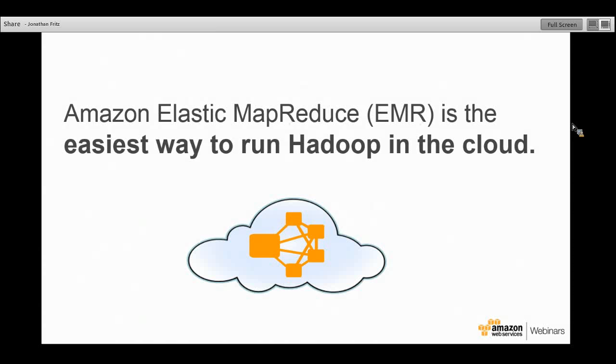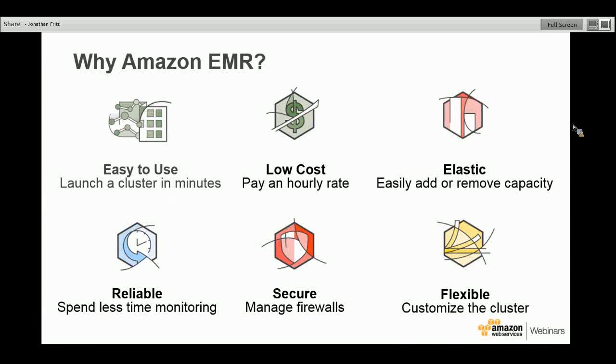And we found that customers really want to spend more time accessing the data and deriving insights and value from it than spending a lot of time managing and setting up their Hadoop clusters and upgrading them and those sorts of operations. So we built Amazon EMR to make it really, really easy, performant, cost-effective and secure to run Hadoop in AWS.